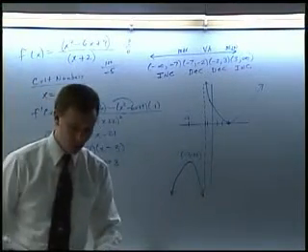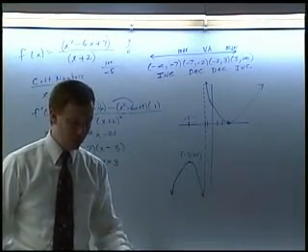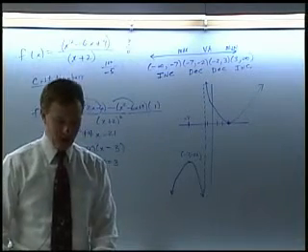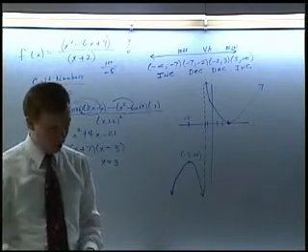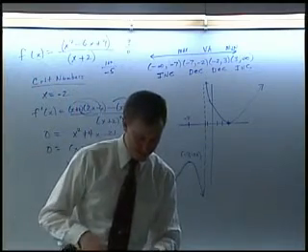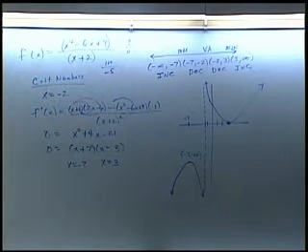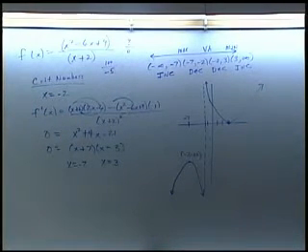Okay? All right, the last example I'll do here today is going to be an application, a word problem type example here. Let me go ahead and put it up on the screen here so we can read what it's discussing.